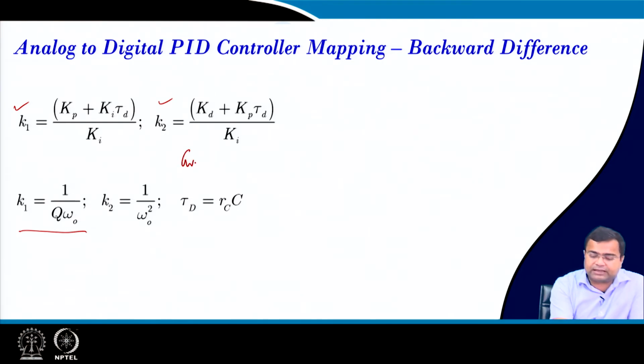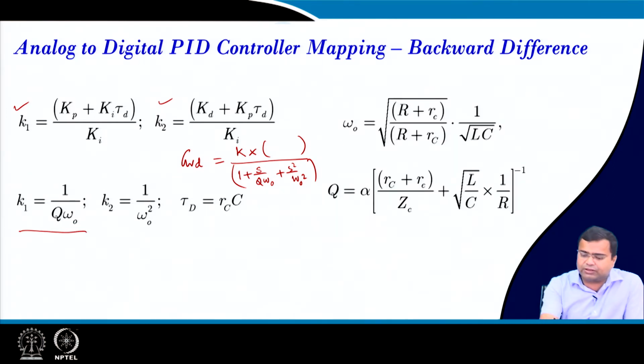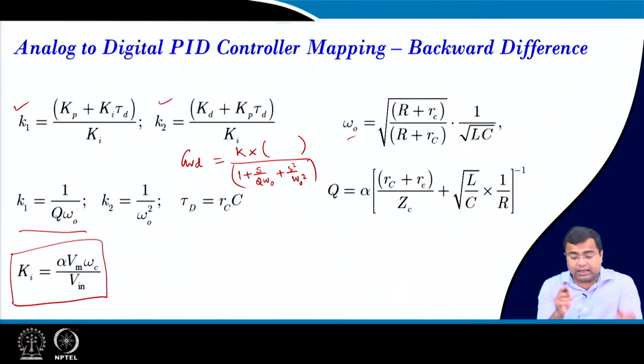If you take GVD, you will get some gain times ESR0 divided by 1 plus s by q omega 0 plus s square by omega 0 square. So, I am talking about this q omega 0 expression by means of stable pole zero cancellation. Then we know the expressions of omega 0 and q. We also found the ki from the loop transfer function at gain crossover frequency.